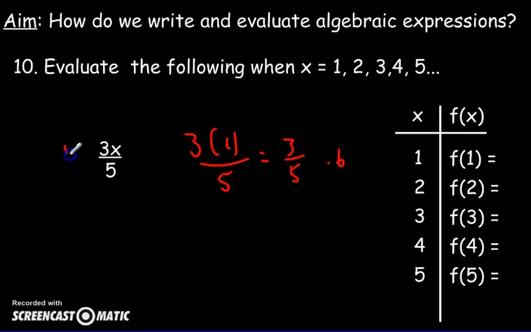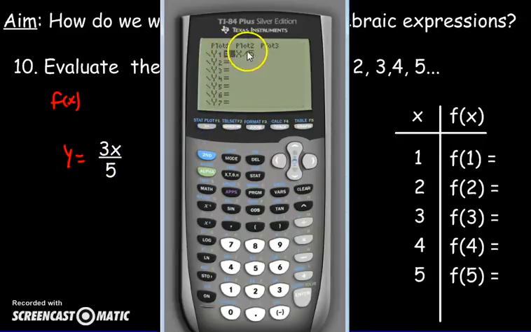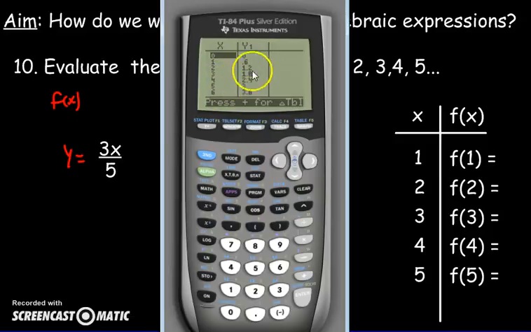We can call this y, or f of x, either way would be the same, and calculate different values for y given different x values. So if we plug this into a calculator in the y equals mode, 3x over 5, we can look at the table by pressing second graph and see with different x values what are the different y values.